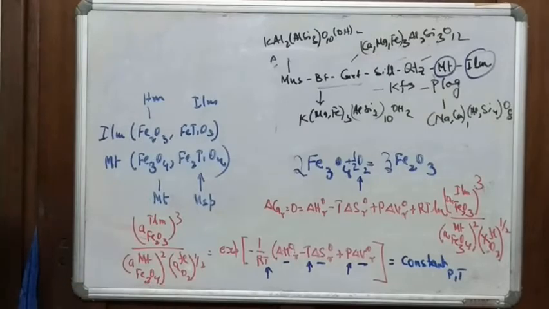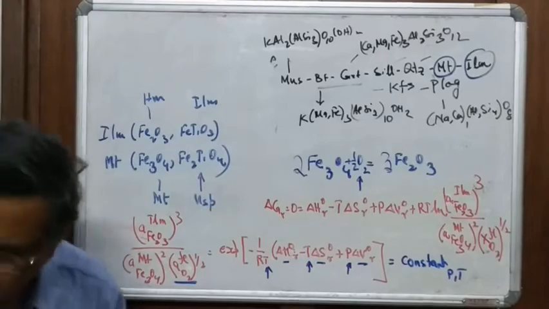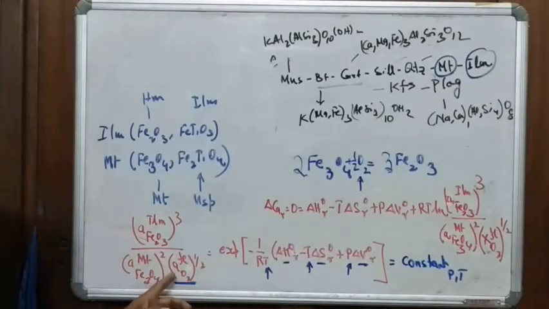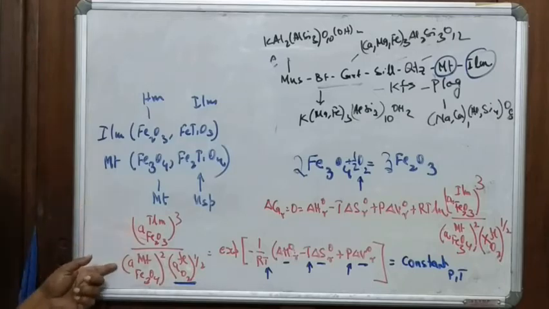Now you can find out either activity or mole fraction, whatever it is, if you know the composition of ilmenite and the composition of magnetite.